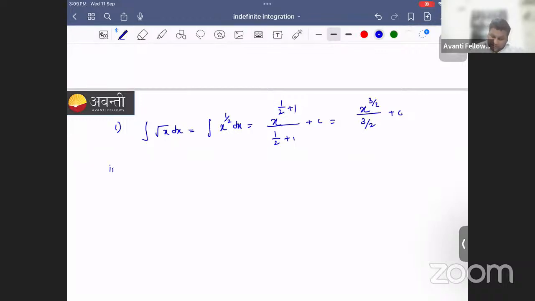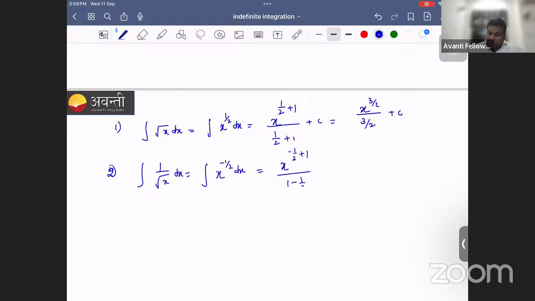And second question, if I have 1 by root x dx, that is x to the power minus 1 by 2 dx. Now the integration will be x to the power minus 1 by 2 plus 1 upon minus 1 by 2 plus 1 plus constant. That is x to the power 1 by 2 upon 1 by 2 plus constant, that is 2 root x plus constant.